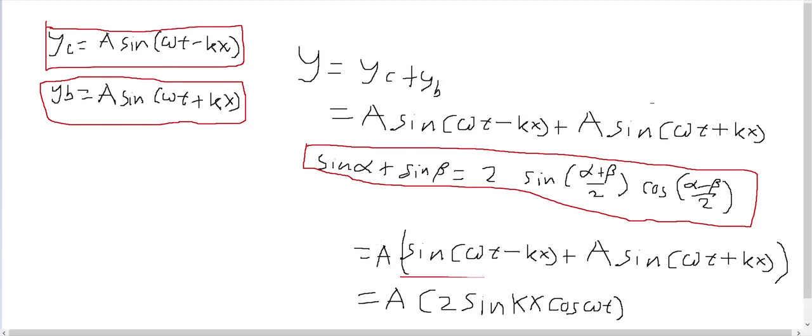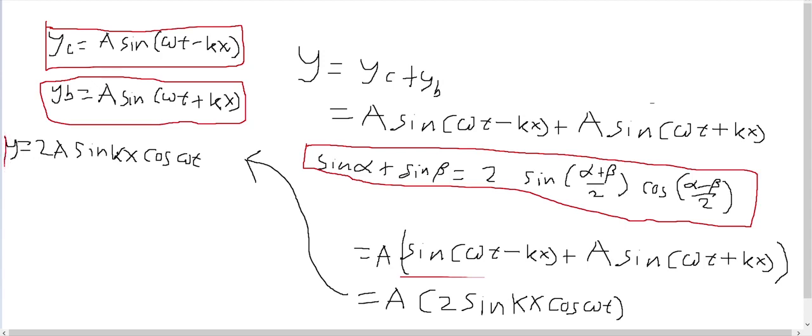Now we can put the 2 out, so it becomes 2A times sin kx times cos omega t. These are the formulas for the total displacement.